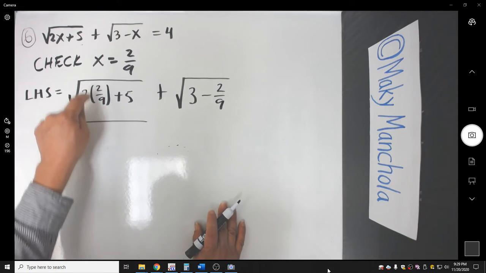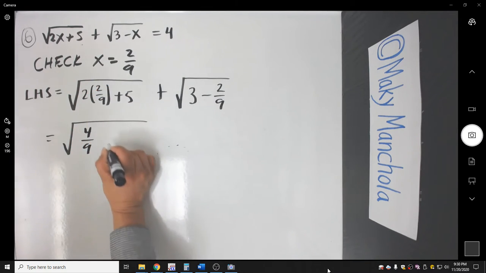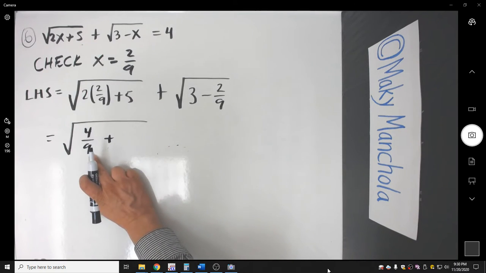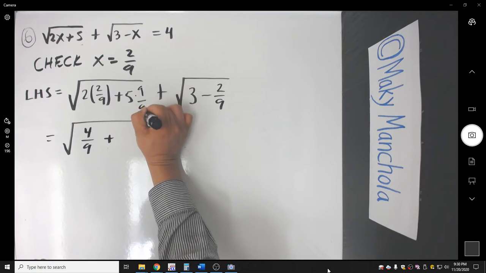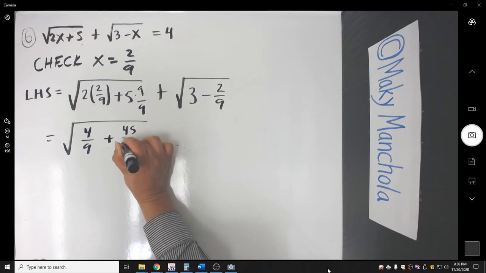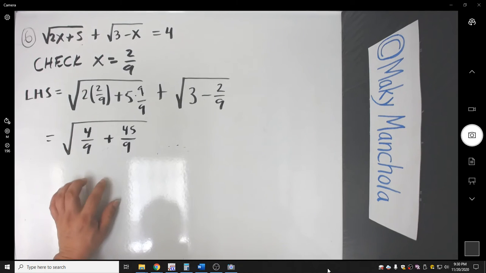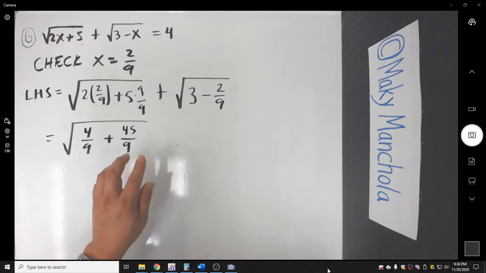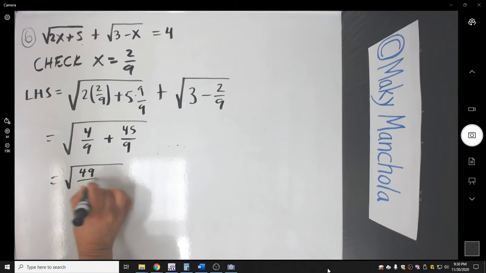Well, that is going to be 4 over 9, because 2 times 2 is 4, plus 5. Now, I need to write 5 as a fraction with denominator 9. So I'm going to multiply by 9 over 9. 5 times 9 is 45. And you have denominator 9. Okay, in our next step, we will add these two. So you end up with the square root of 49 over 9.